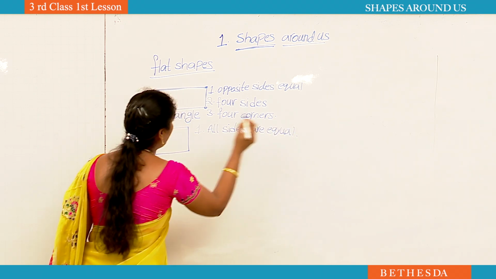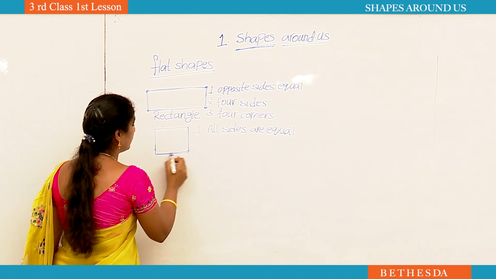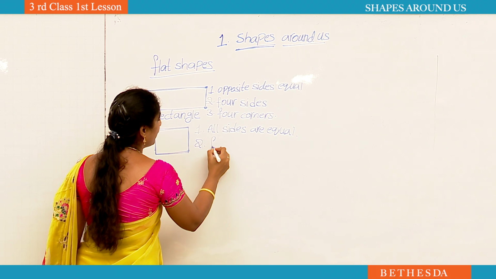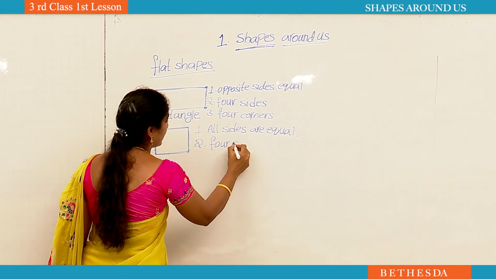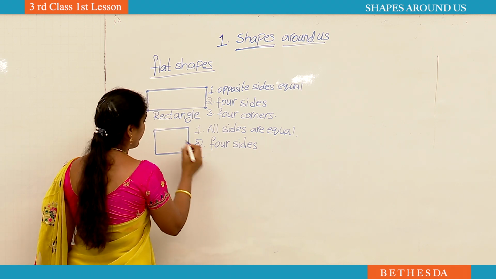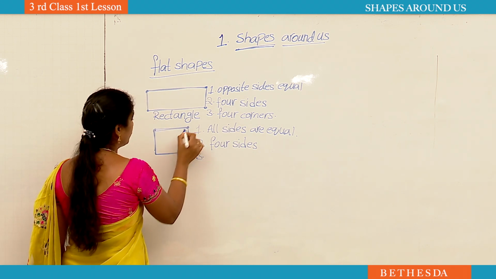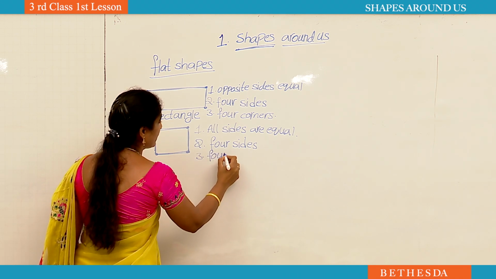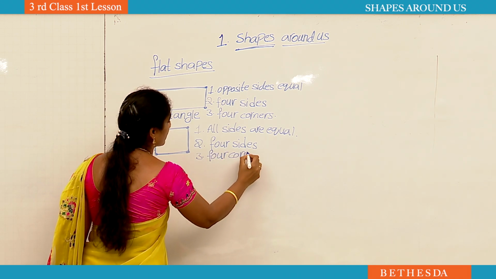And now how many sides are there in the square? 1, 2, 3, 4. Yes, a square has 4 sides. And how many corners? See here, 1, 2, 3, 4. A square has 4 sides and 4 corners.